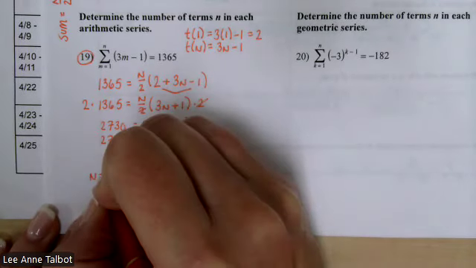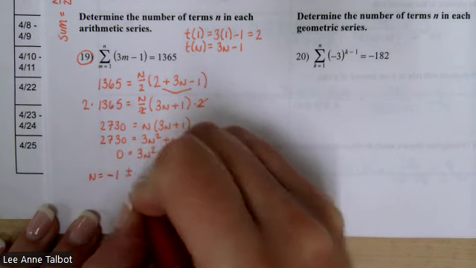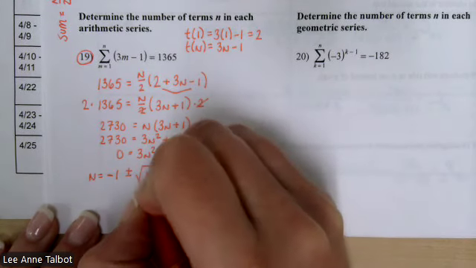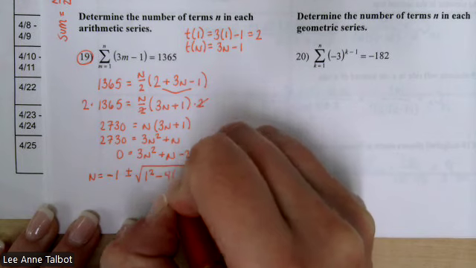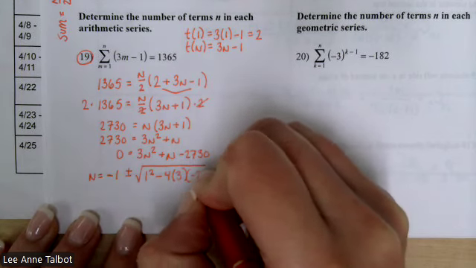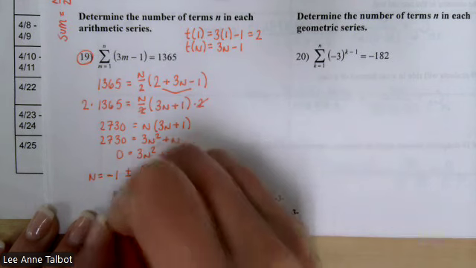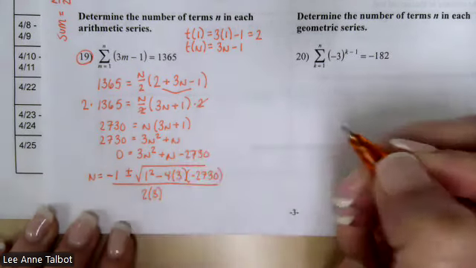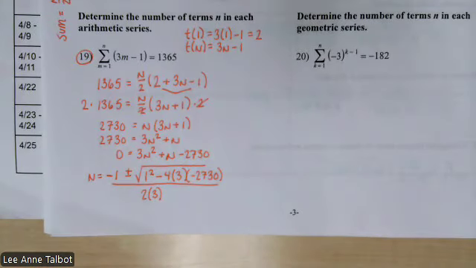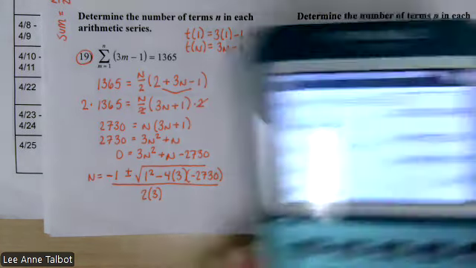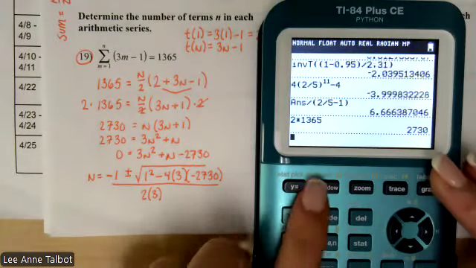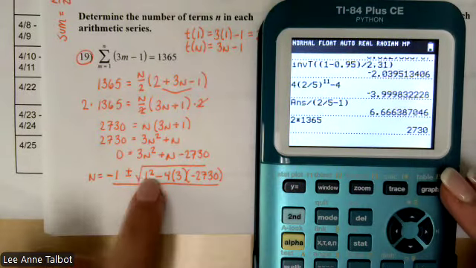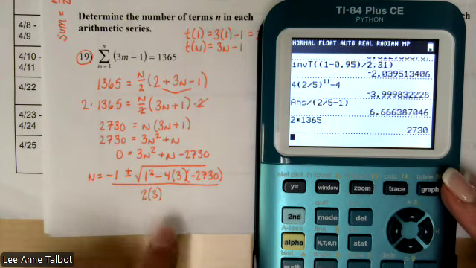N equals negative b plus or minus square root b squared minus 4ac, all over 2a. Okay, now in this case, I think you guys remember, I hope that this has to be a whole number, otherwise I did something wrong.